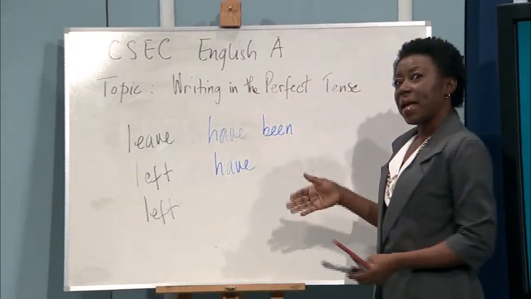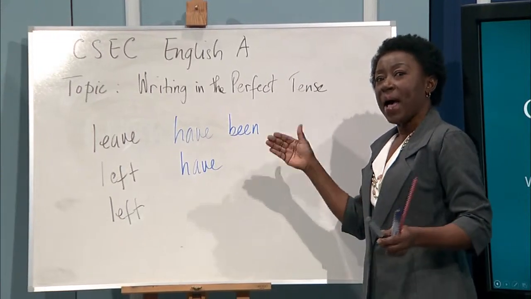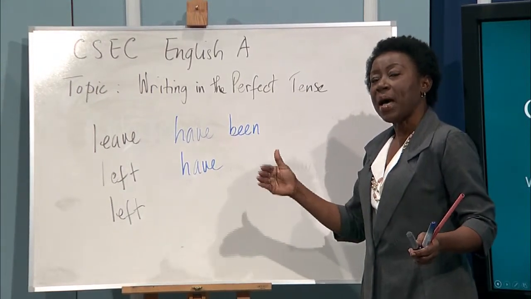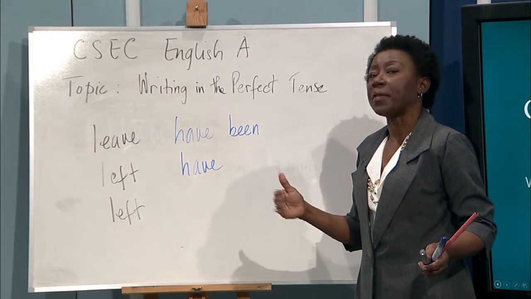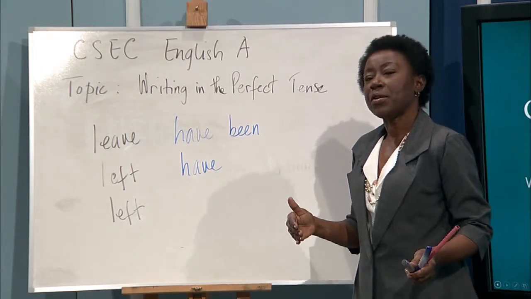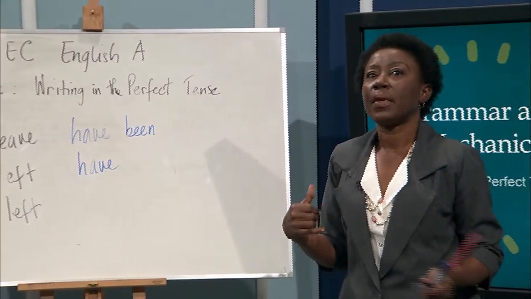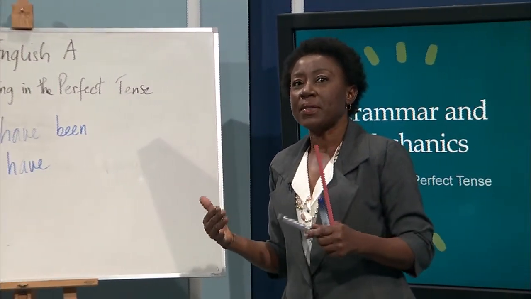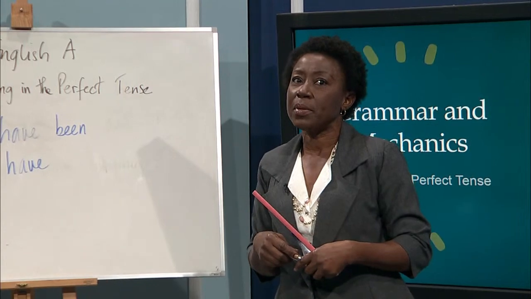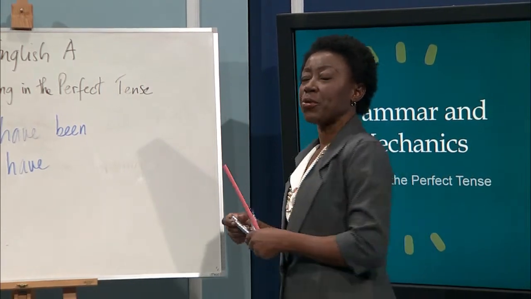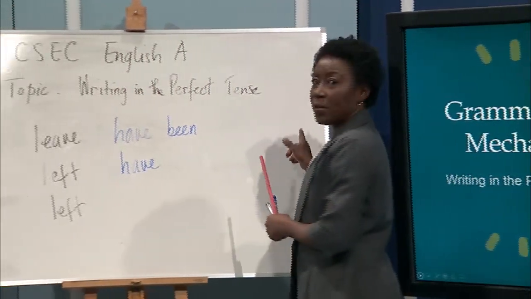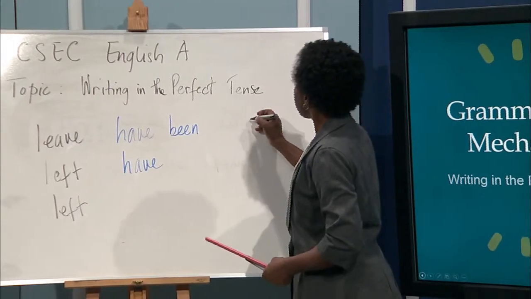Now some words are like that. The past tense and the past participle forms are the same. Can you think of any other word like that, where the verb in the past tense becomes the past participle? Let us use the word answer.